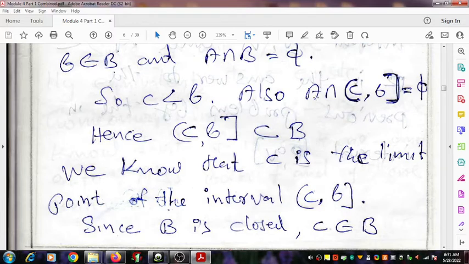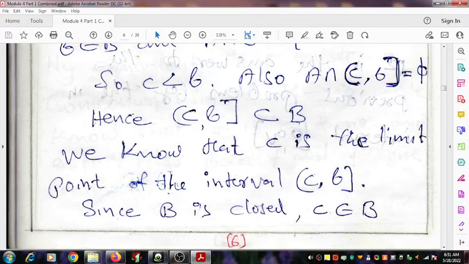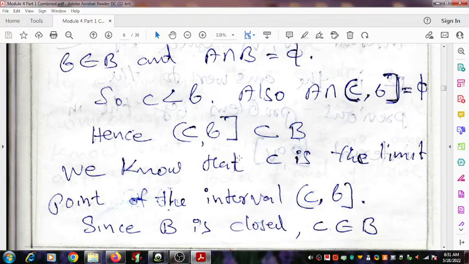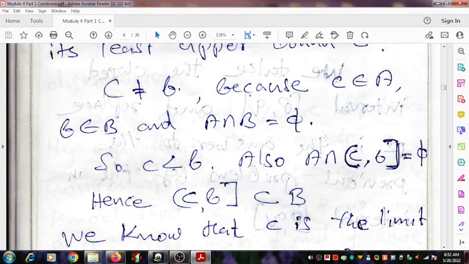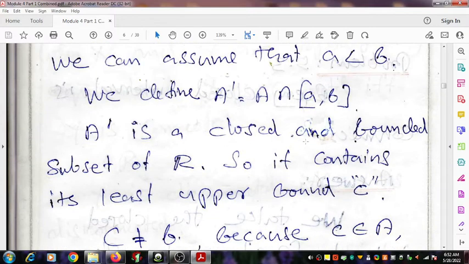Also, A intersection the half-open interval (c,b] equals the null set. Why? It's because c is the least upper bound for the set A intersection [a,b].